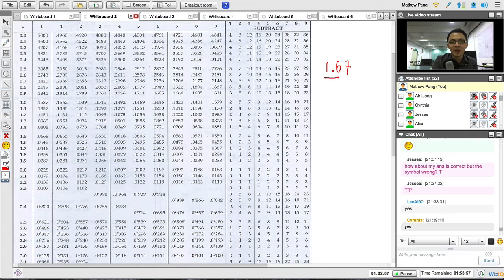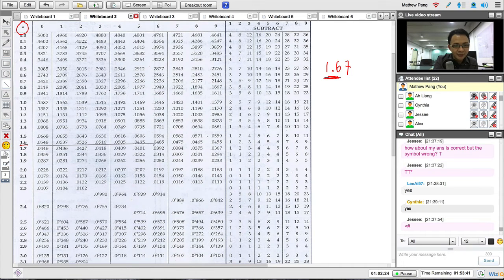First I will find 1.6. Where is 1.6? The Z value is from here, because you will see a Z here. So 1.6 is here. Then 7: this is 0, 1, 2, 3, 4, 5, 6, 7, here. You will use a ruler if possible. Then you draw a line here and stop at 7. Do you see that? 1.67 is this value.